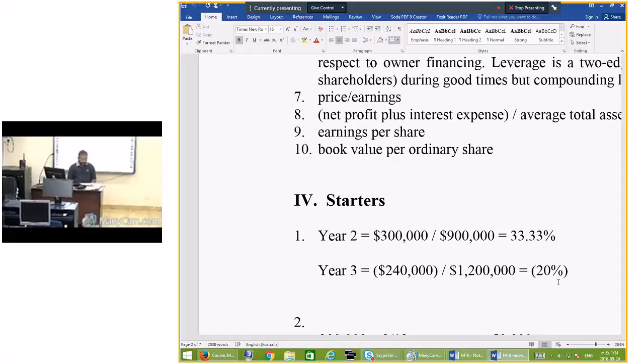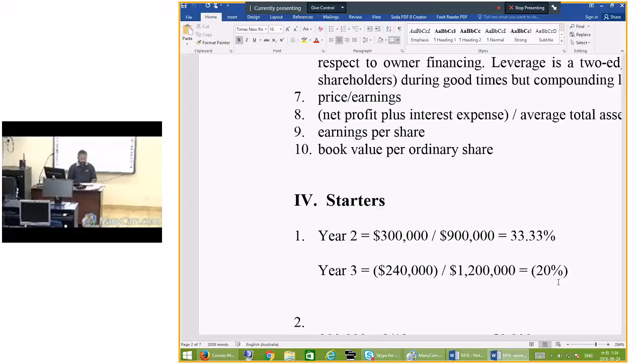Then go to the second one: calculate the earnings per share. Earnings per share is calculated as net profit divided by ordinary shares issued.